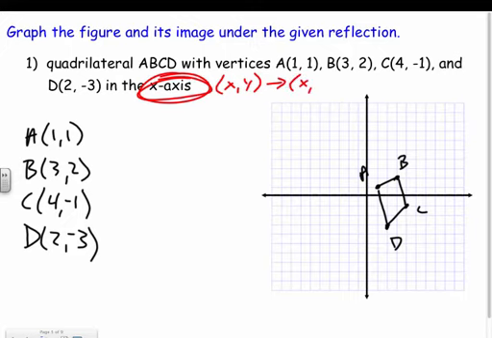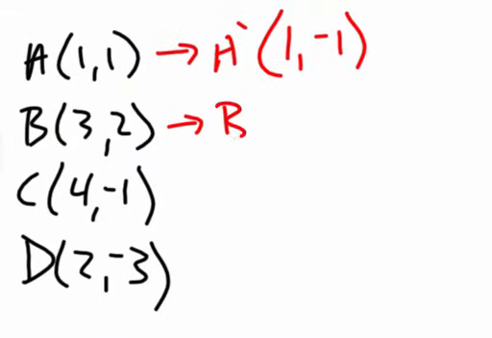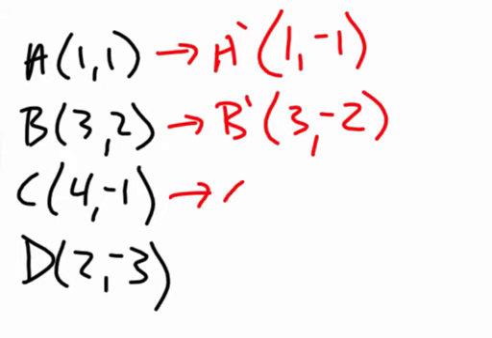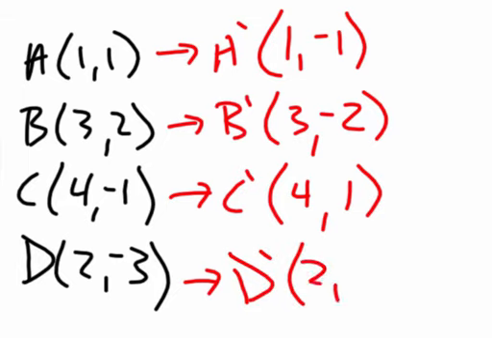The x value stays the same, but it's on the other side of the x-axis, so the y changes. So A prime would be at, well, the x stays the same. All that changes is the sign on the y. So for B prime, 3 stays the same. Now it becomes a -2. For C prime, 4 stays the same. This becomes a +1. For D prime, 2 stays the same. -3 becomes a +3.